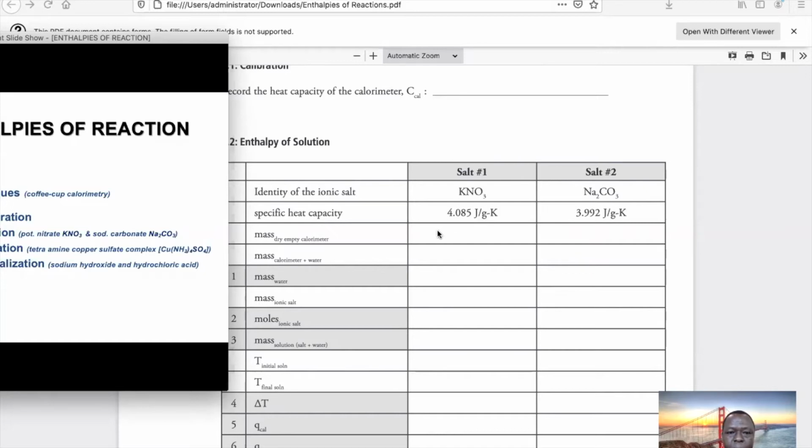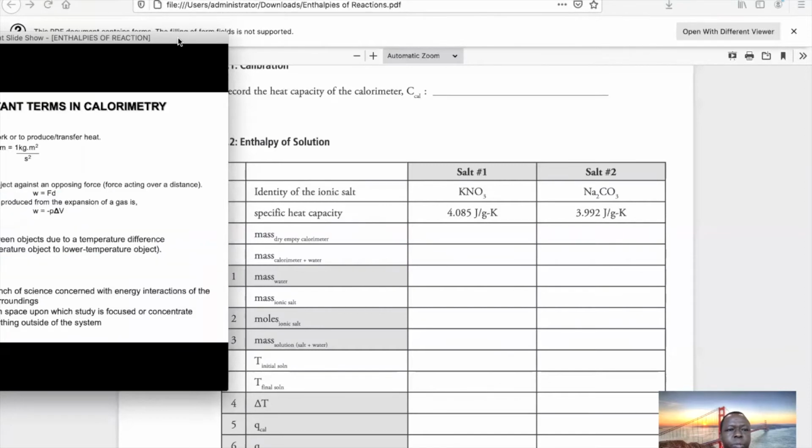Now, mass of the empty container, mass of the calorimeter plus water. This will give you the mass of H2O. And you need to account for the mass of the ionic salt used.